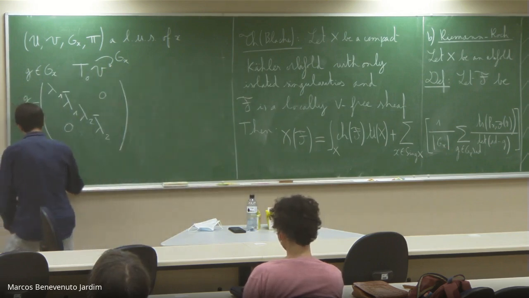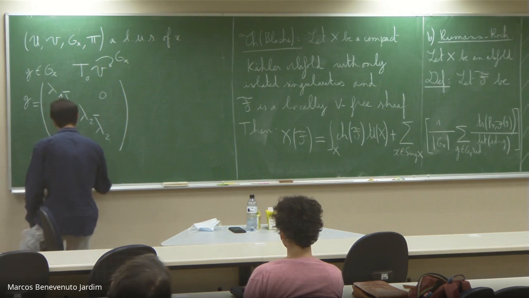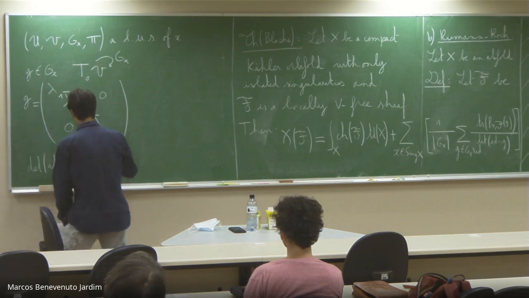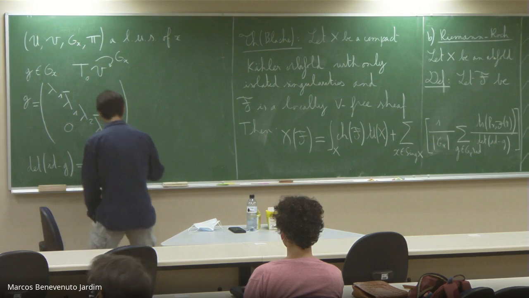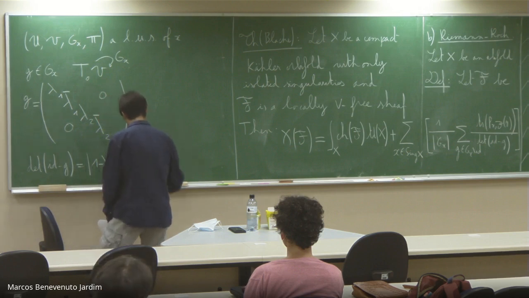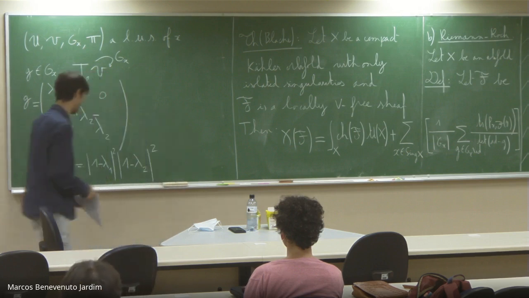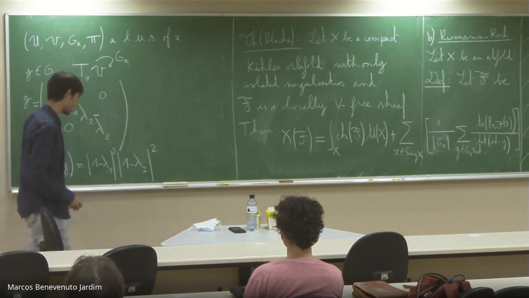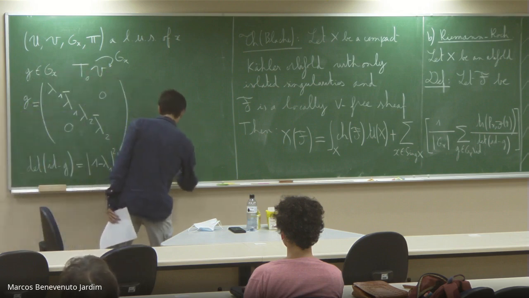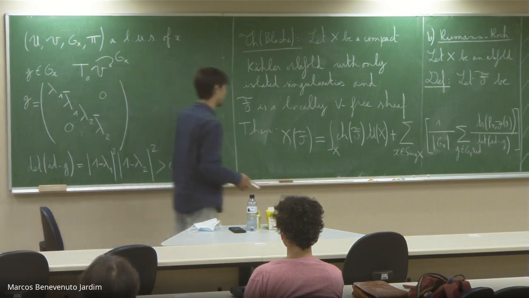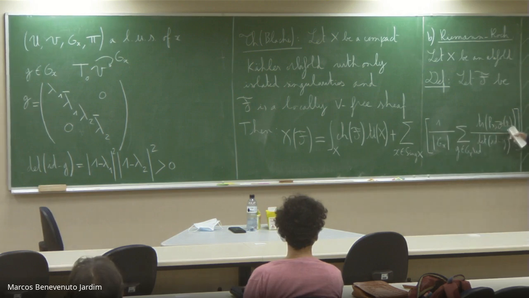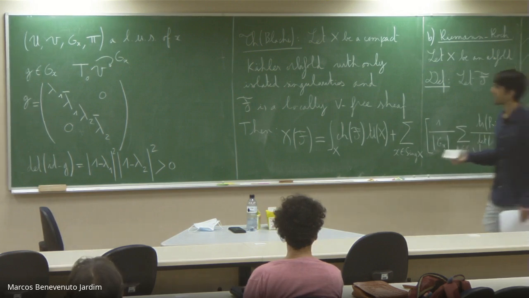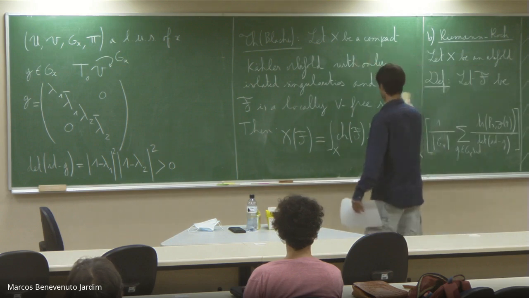The determinant of Id minus g is just the modulus squared of 1 minus lambda 1, times the modulus squared of 1 minus lambda 2, and this is strictly positive. Okay, so now I will explain what this is. So maybe I can erase here.